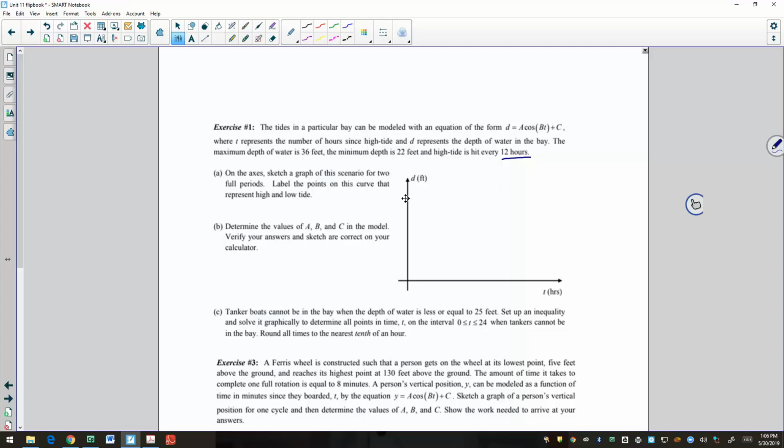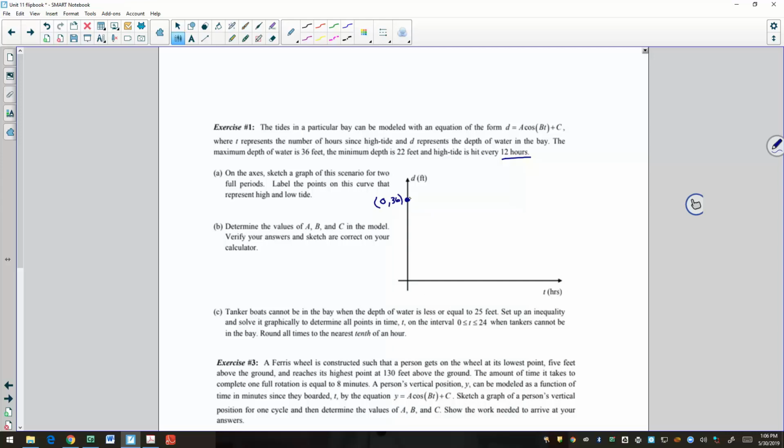So the maximum depth is 36. Cosine curves, remember, start high, go low, and end high. They look kind of like a tongue if you stuck out your tongue. So the highest point is 36, so this will be (0, 36). The lowest point is 22.